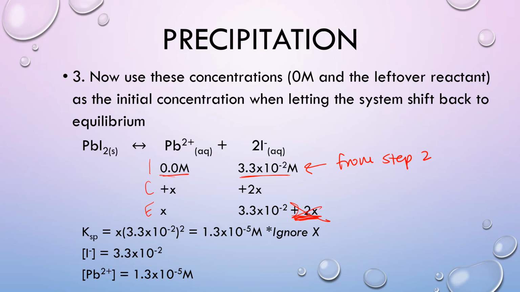So then, 1.3 times 10 to the negative 5. So then the concentration of lead is 1.3 times 10 to the negative 5, and the concentration of iodine is 3.3 times 10 to the negative 2. So that's going to be the new concentrations after the precipitation occurs and we reestablish equilibrium.